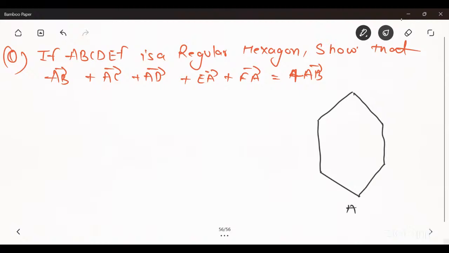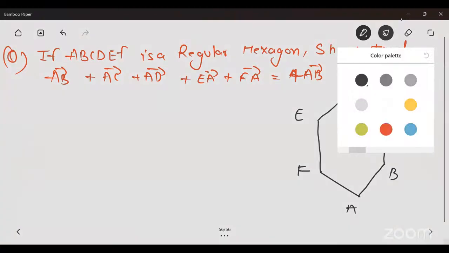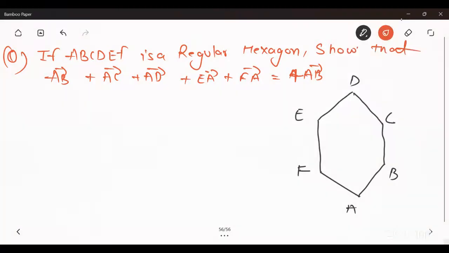This is the hexagon, A, B, C, D, E, F. Now, first is AB vector plus AC vector plus AD vector. Now, AC vector is this one. So AC vector is AB vector plus BC vector.